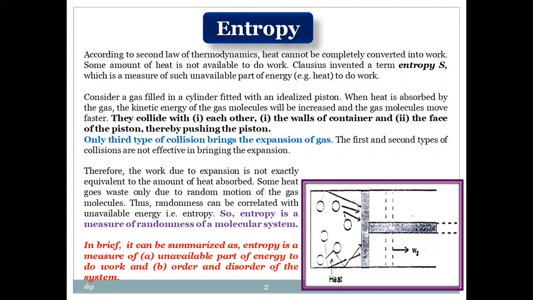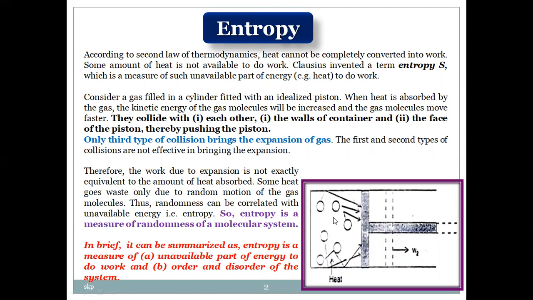So the randomness can be correlated with the unavailable energy, which is called entropy. Entropy is a measure of randomness of a molecular system. Randomness means the movement or collisions of gas molecules in any direction. Upon absorbing heat, they collide with each other, with the container, and with the piston.